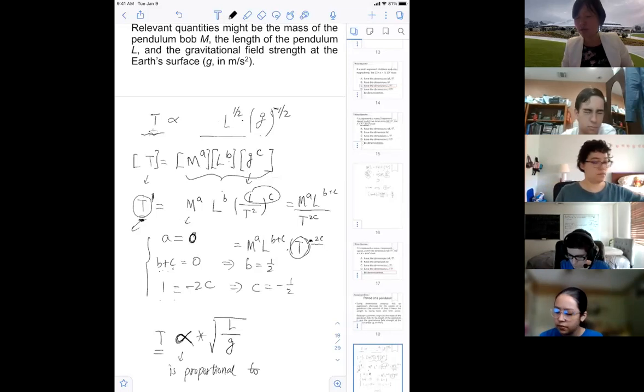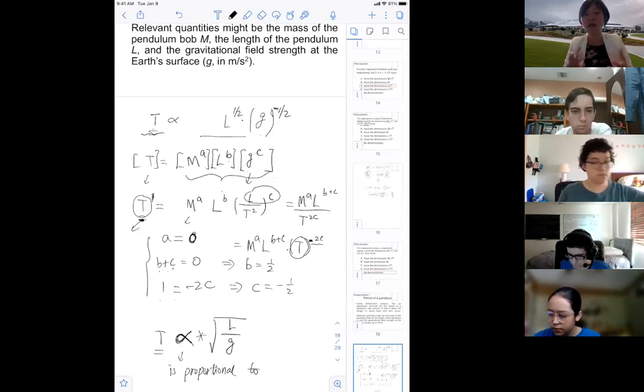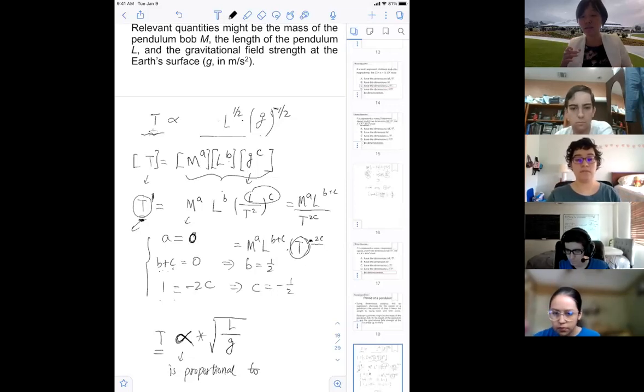We don't know. Dimensional analysis gets as far as getting the physical quantities in there, but it doesn't tell us the exact constant. Later on we do experiments, and we'll find out we still need a 2 pi to make it exactly correct. But as far as our job at this stage, we're done, right?